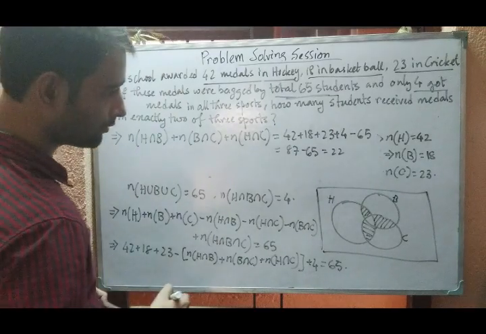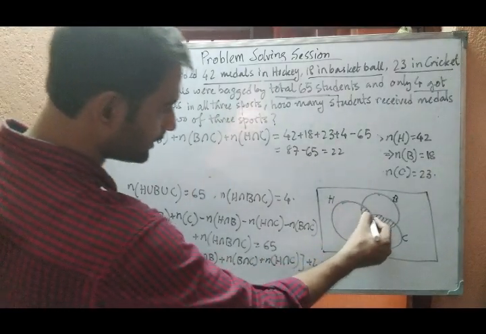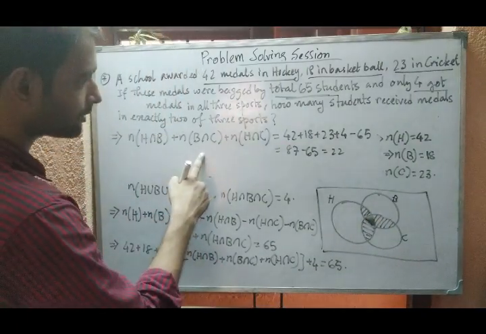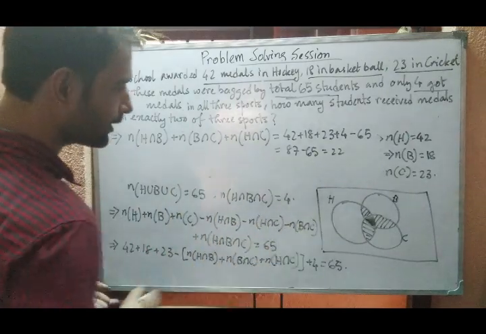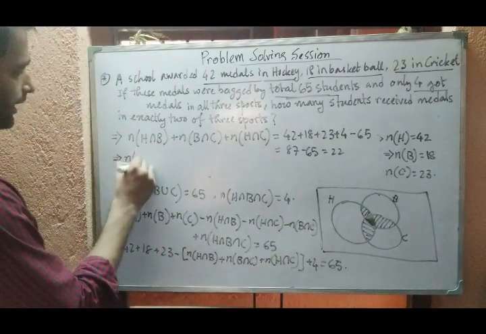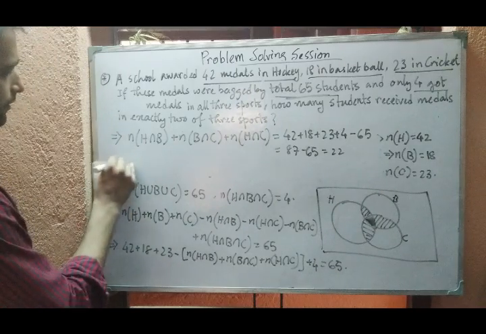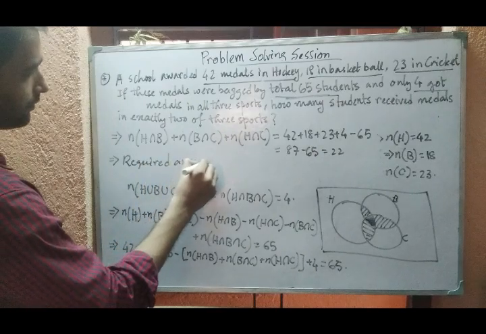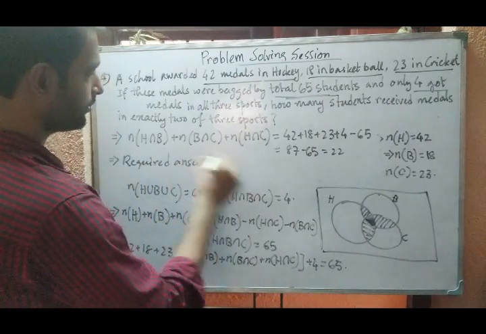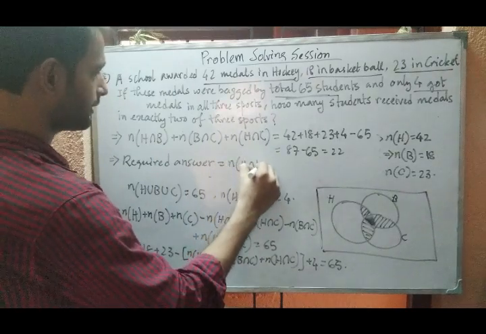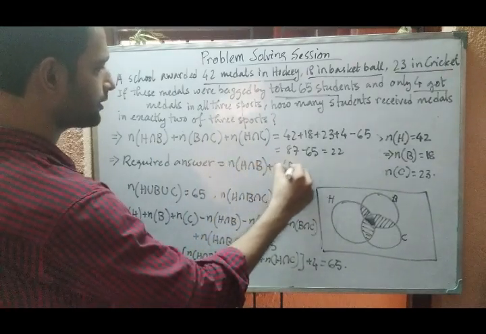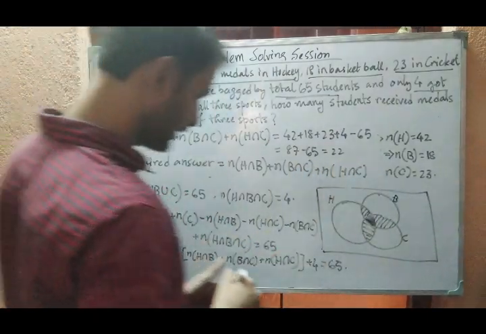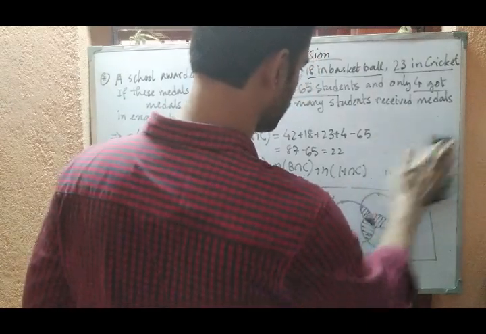And now see, since we have taken all these 3, so this intersection is considered 3 times. So we subtract it 3 times so that we get the required region. So we can write our required answer as this whole thing, that is H intersection B, B intersection C, H intersection C minus 3 times the intersection of all.